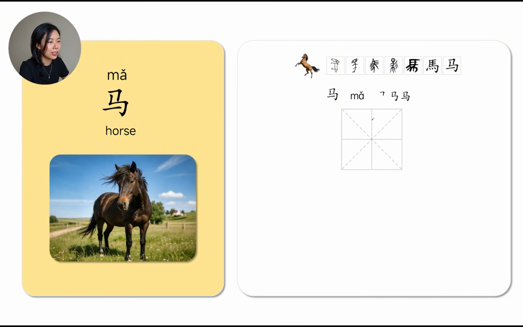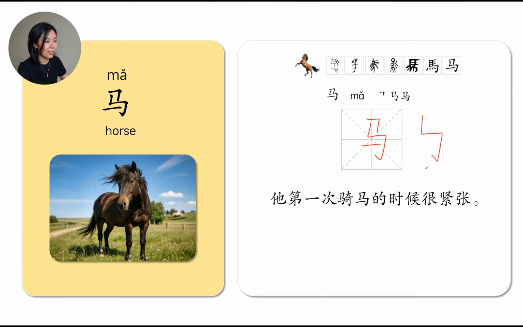Very simple. 1, 2, 3. Okay? The second stroke has 2 twists and 1 hook. 1 twist, second twist, a hook. Alright? That's pretty simple.